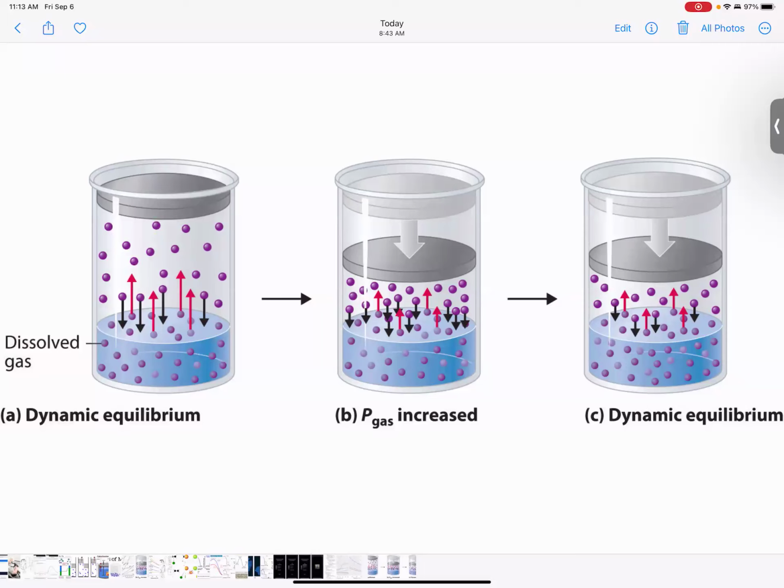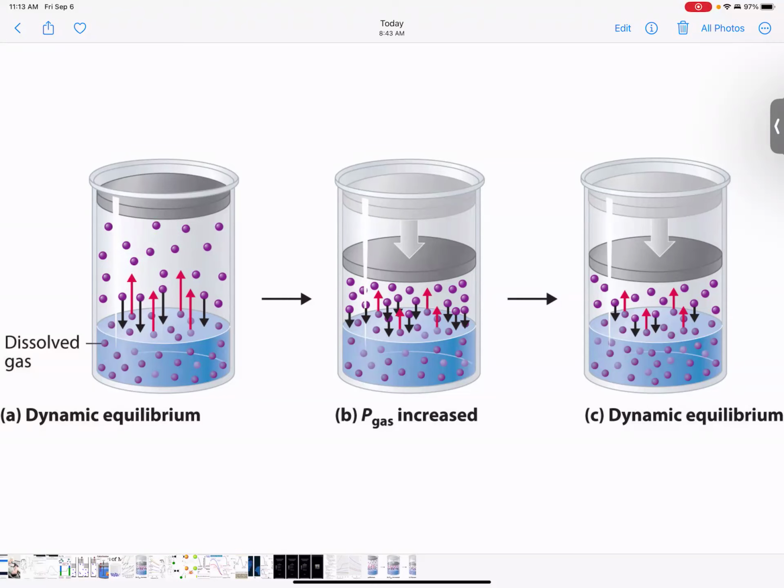Now, if we take this movable piston and we push down on the piston, we will have decreased the area above the liquid level.